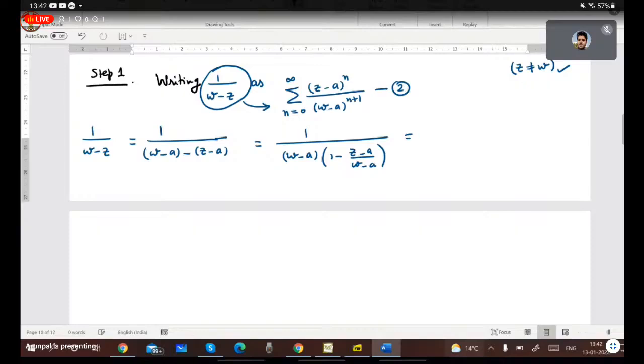And this is further equal to 1 upon W minus A, and I can write it like this, Z minus A upon W minus A to the power minus 1. Is this okay, class?